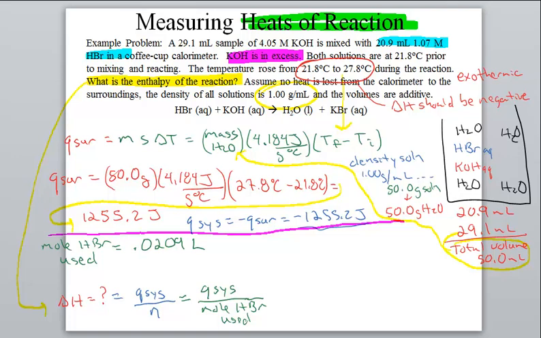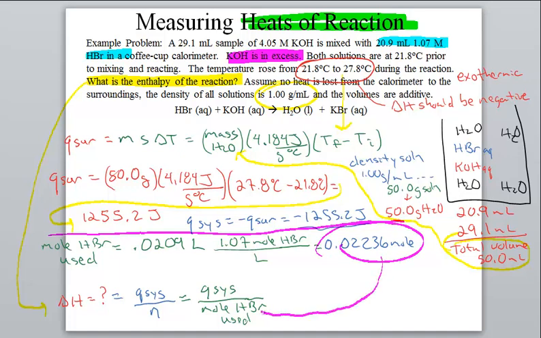So using the volume that reacted and its concentration, that'll tell us how many moles of HBr actually reacted, was used up. And there we go, 0.02236 moles of HBr reacted. We can take that number and plug it into the equation, and take the energy flow, the Q of the system, and plug it into the equation and get our enthalpy change.